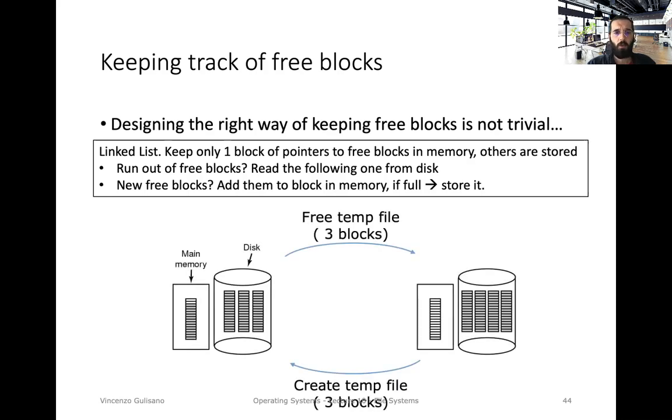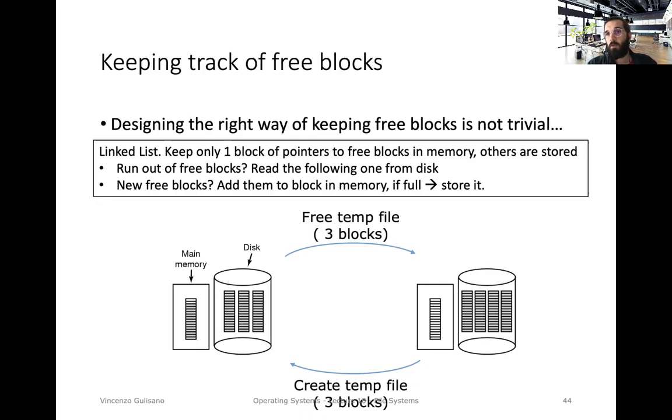And what the example shows you here is that suppose that you have the block in memory that is almost full of free blocks. Okay, let's say there are only 2 remaining, and you compile a big program and you keep creating a lot of temporary files and deleting them and creating them and deleting them and so on. So every time you delete a file, you free space.